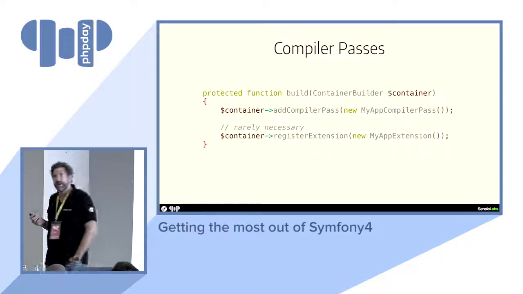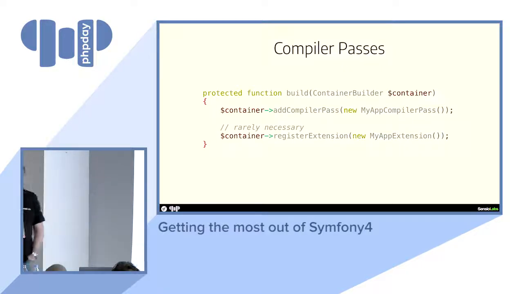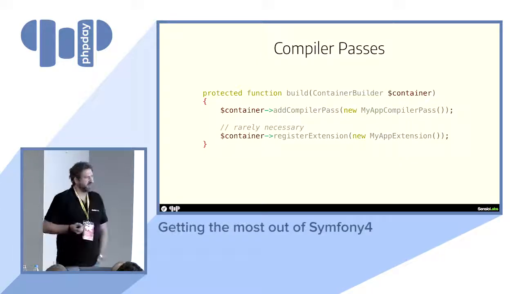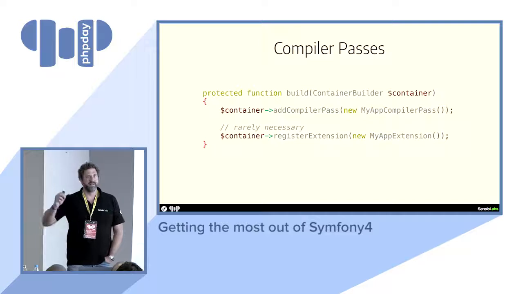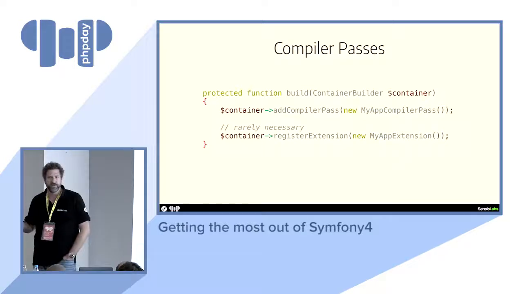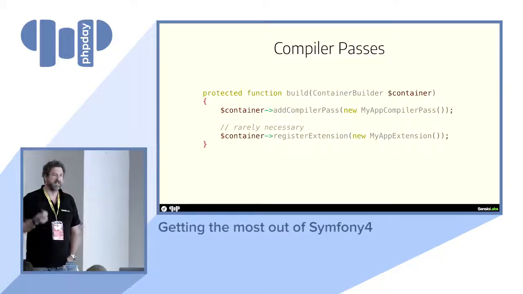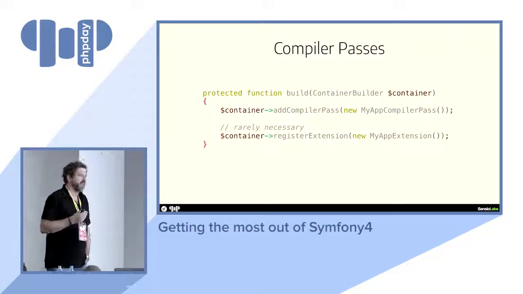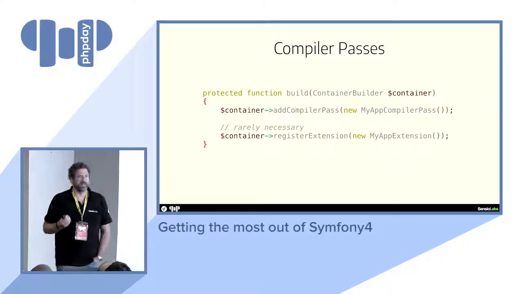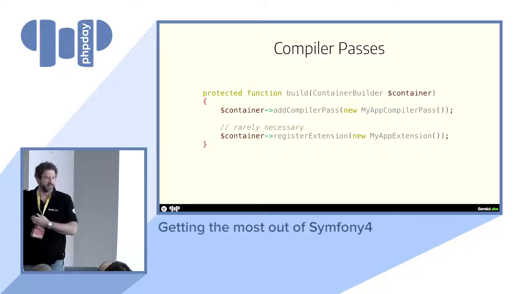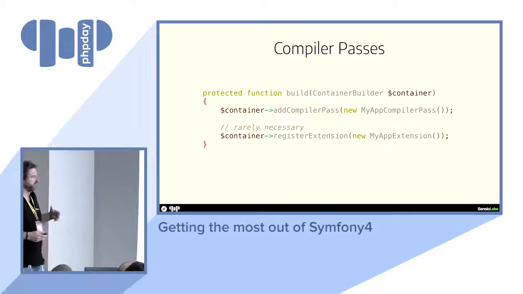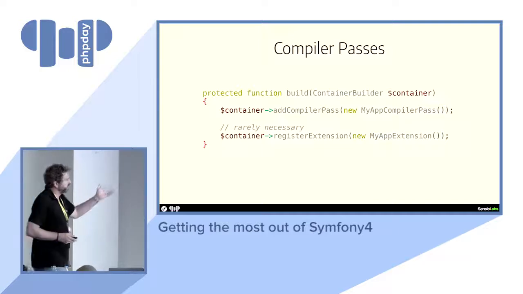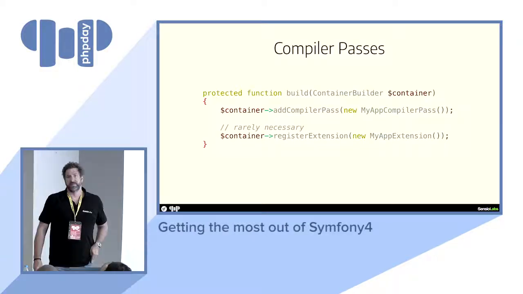Although I would claim that this is rather a use case that you don't do that often, because the one single thing that you mostly do with compiler passes is handle dependency injection tags, and those make sense in a vendor bundle because they are supposed to enable your bundle to be extended from the outside. So, well, there might be use cases, but it's not that often that you're going to do something like that.